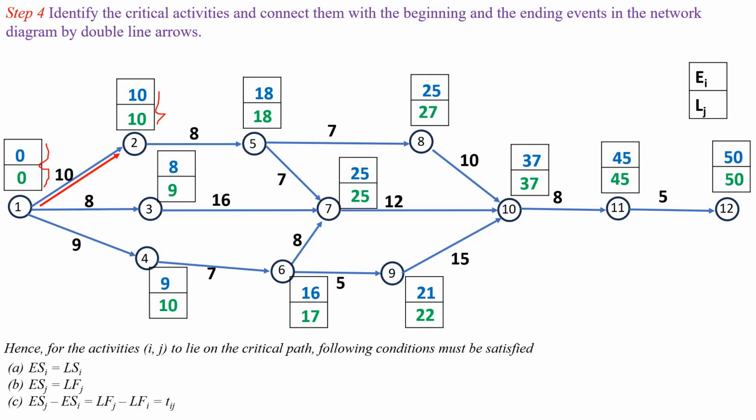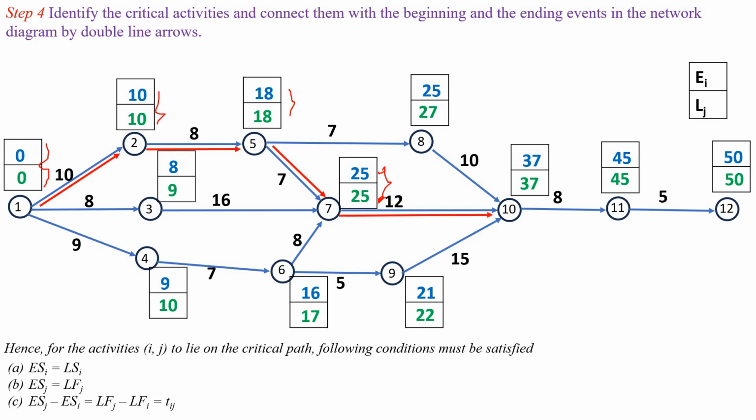Similarly observe that for activity 2 to 5 also, earliest event time equals the latest start time. Similarly for the activity 5 to 7 also, earliest event time equals the latest event time.